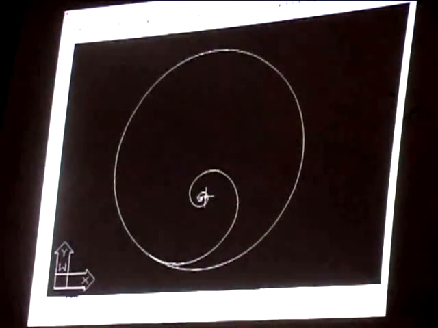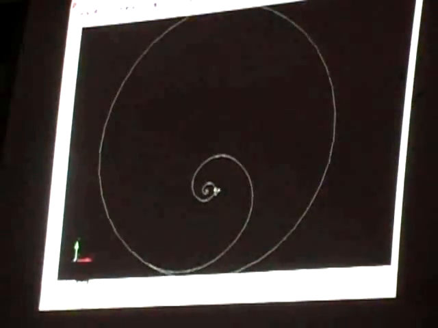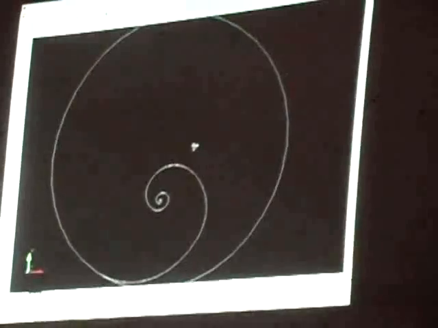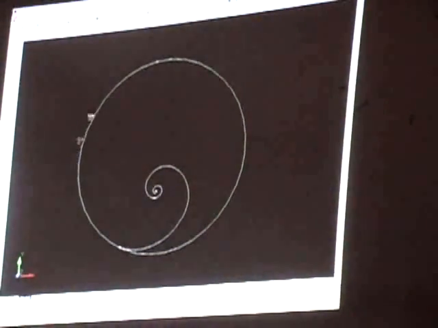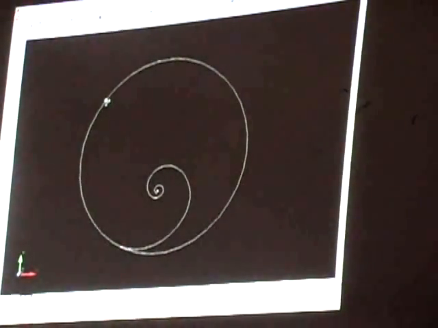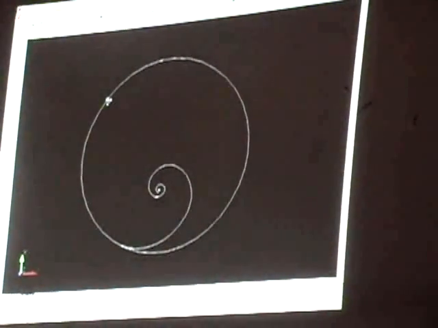Okay, so I was building a phi spiral, using the phi relationship by segments, and at one point, when my spiral was approximately here, I just continued to add segments without changing their relationship to each other.